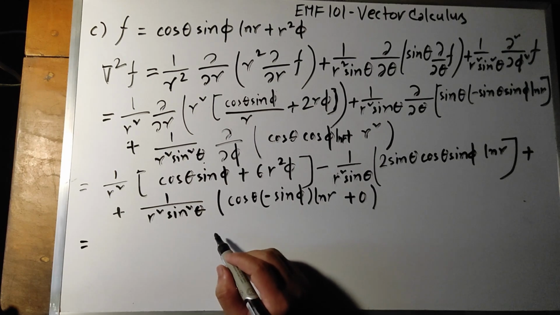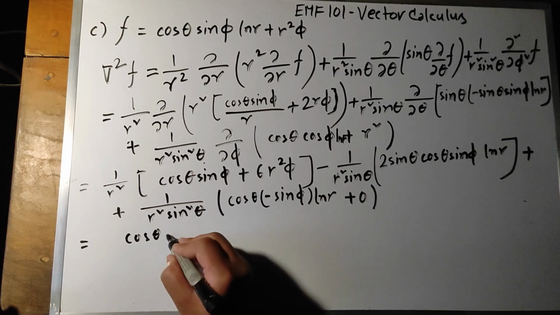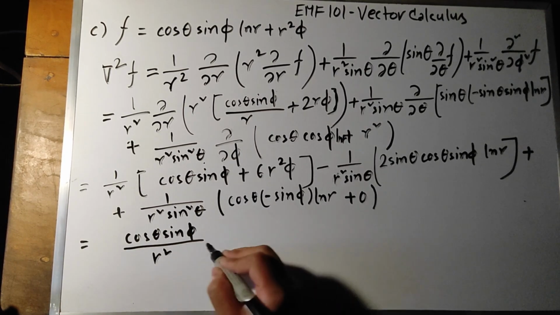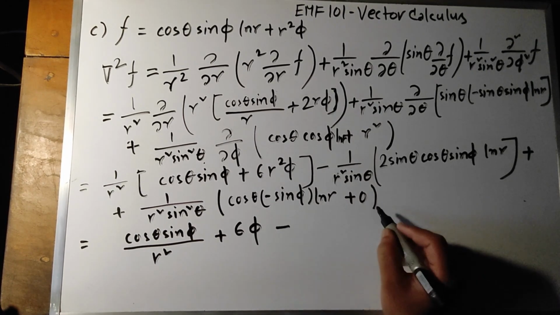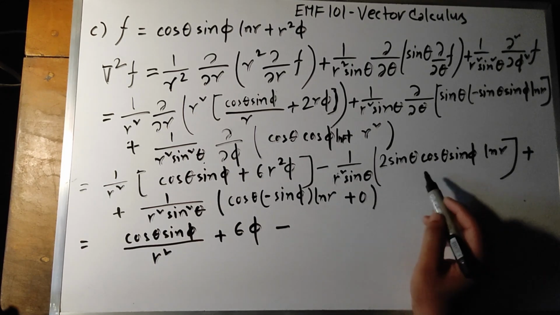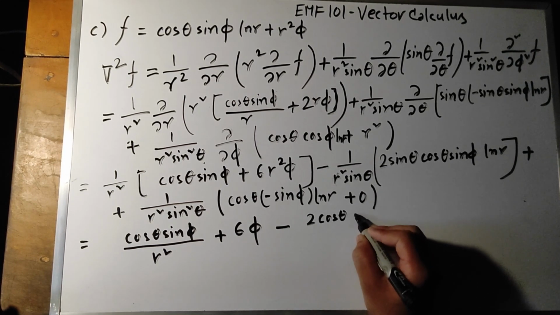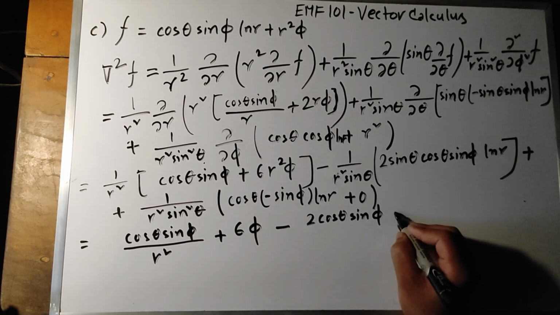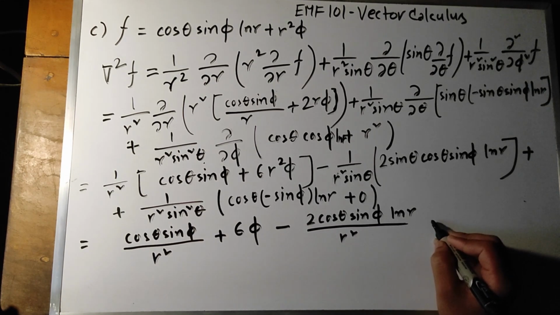Now lastly cos theta sin phi by r square plus 6 phi minus, so here 2 sin cut out, so 2 cos theta sin phi ln r by r square.